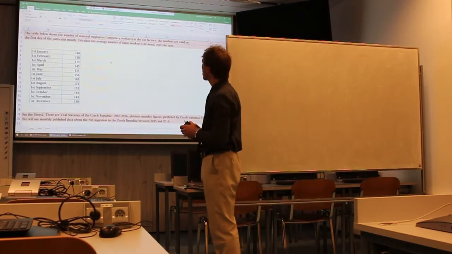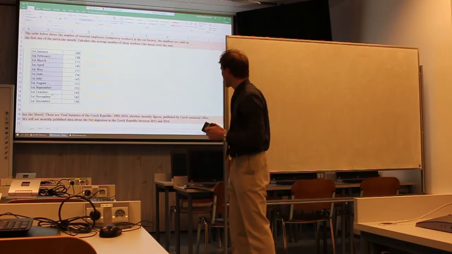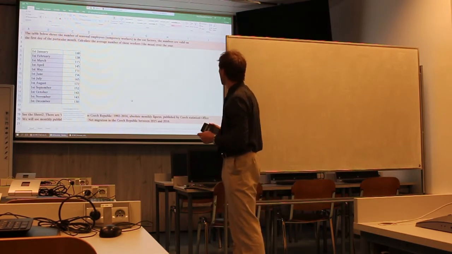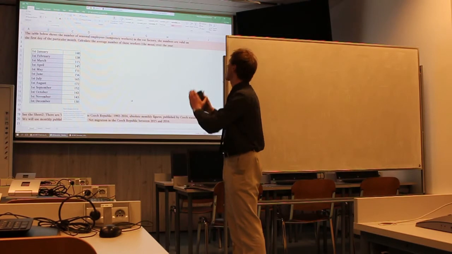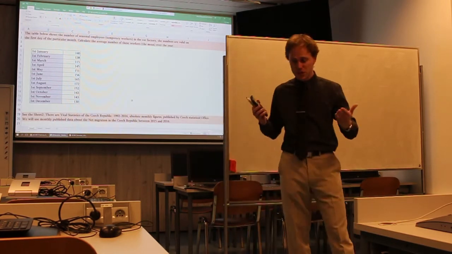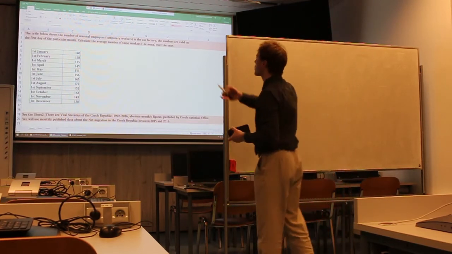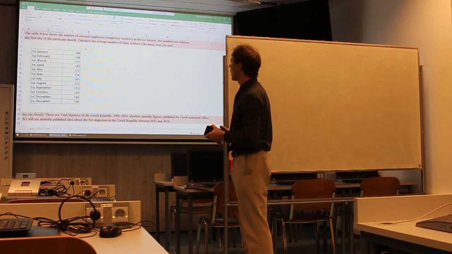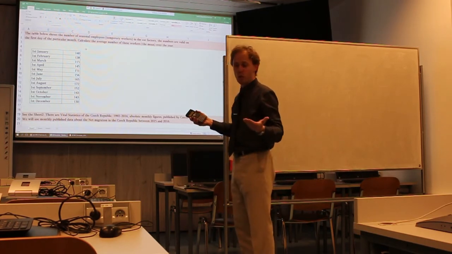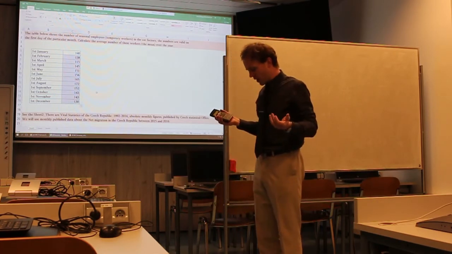The table below shows the number of seasonal employees, temporary workers in the car factory. The numbers are valid on the first day of the particular month. So we have months from January to December, and the observed variable in time t is the number of temporary workers.